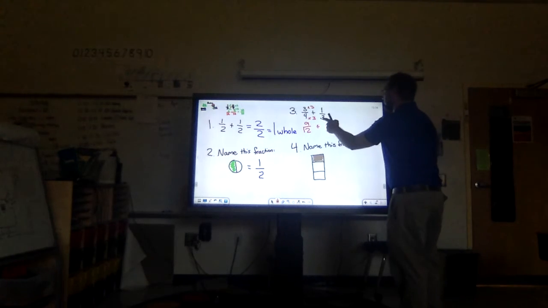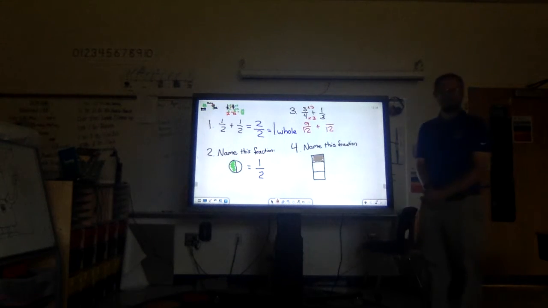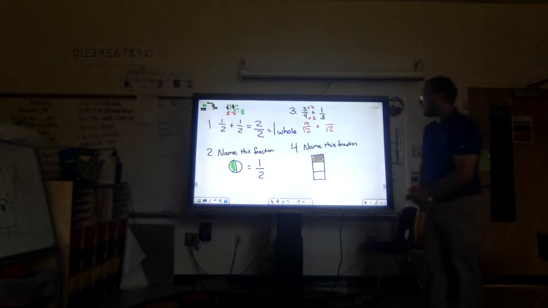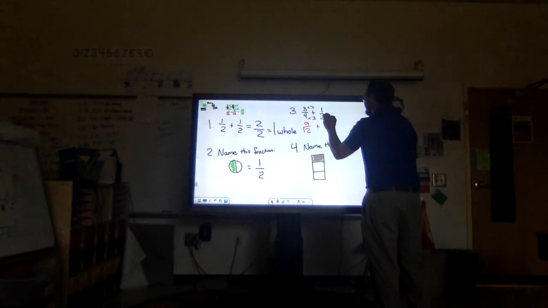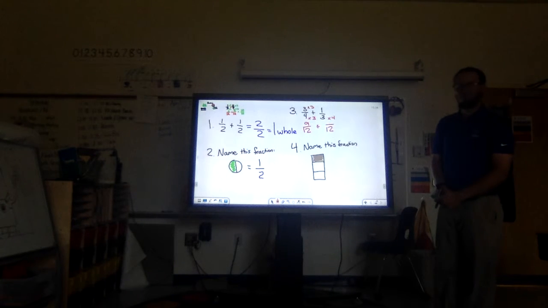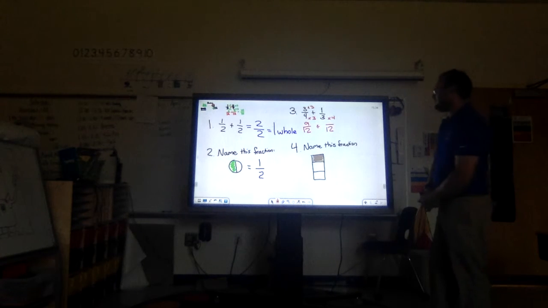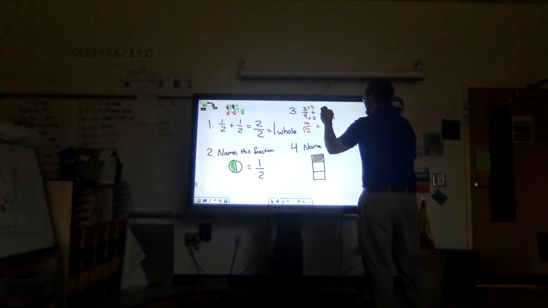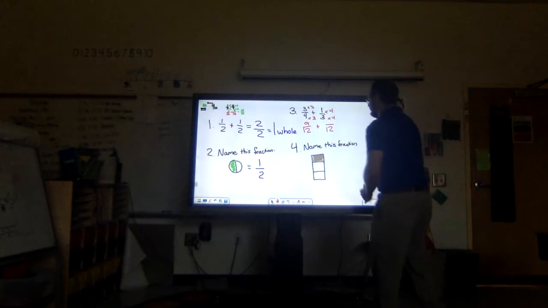Okay. What do you do to the second fraction? We multiply 3 times 4 because 3 times 4 equals 12. What do we have to do to the top? Multiply it by 4, right? Okay, good job.